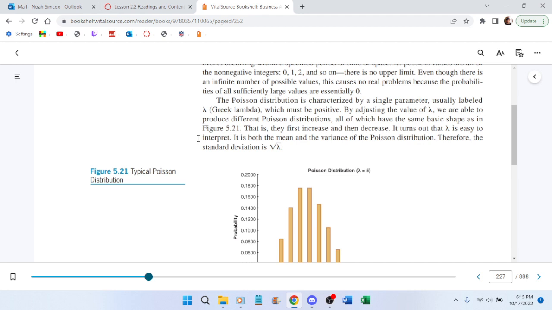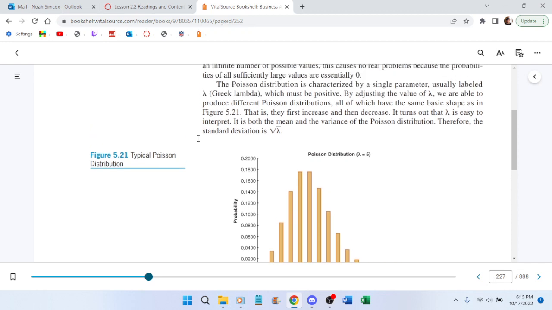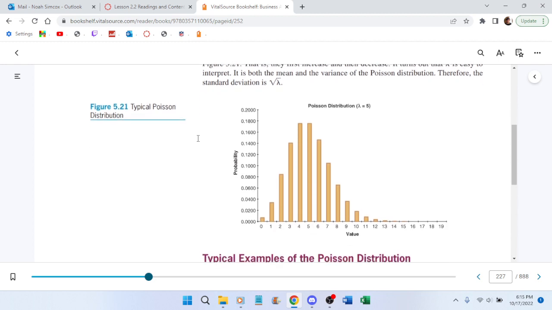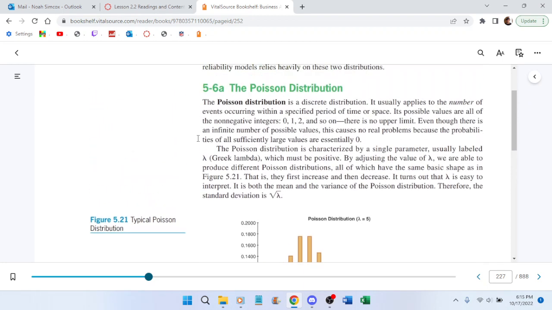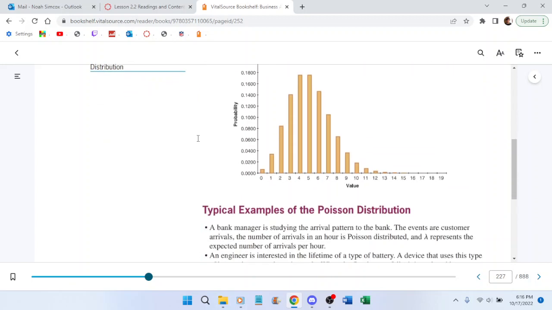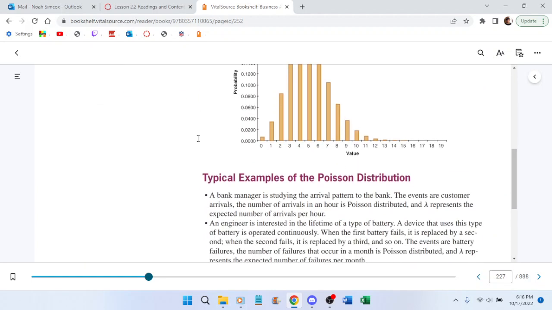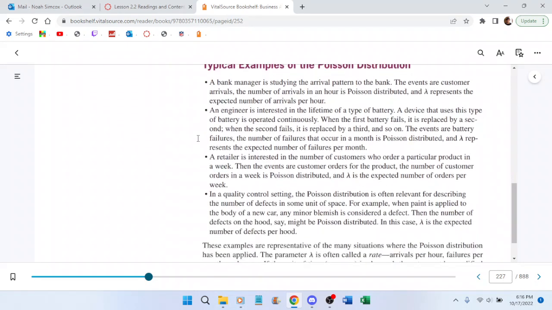Is that literally it? Wait. What the heck is this? I don't care about the examples.